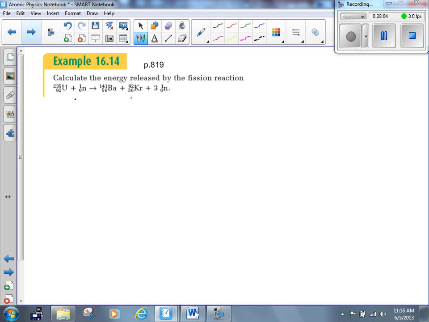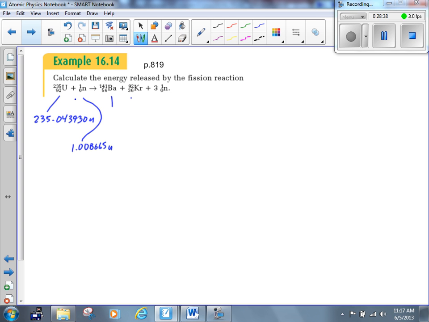Uranium-235, if you looked on that table, you would see that uranium-235 has a mass of 235.043930 atomic mass units. Remember, I'm not just making that up, or coming up with that out of my head. I don't have it memorized. This is the number that appears on the table. I just don't want to go back to the table for each of these numbers. A neutron is 1.008665 atomic mass units.